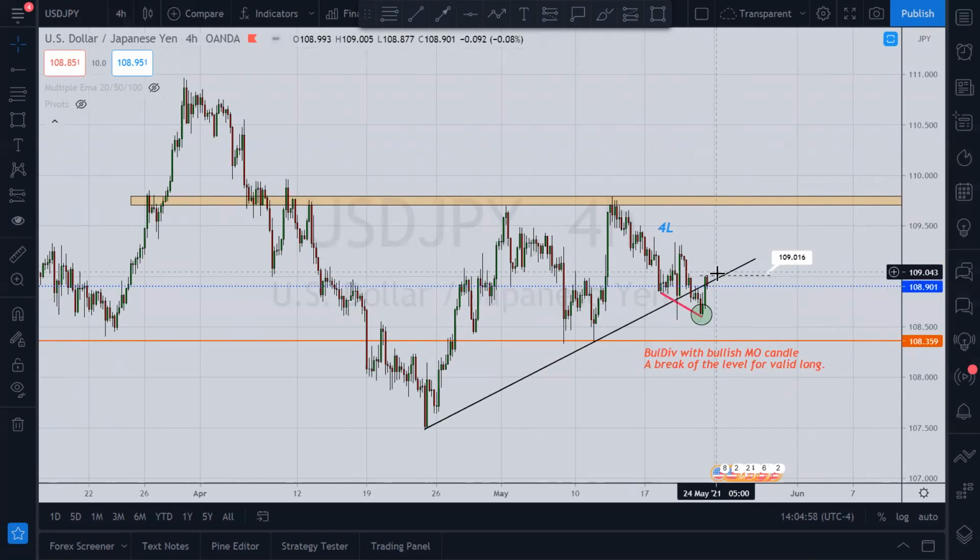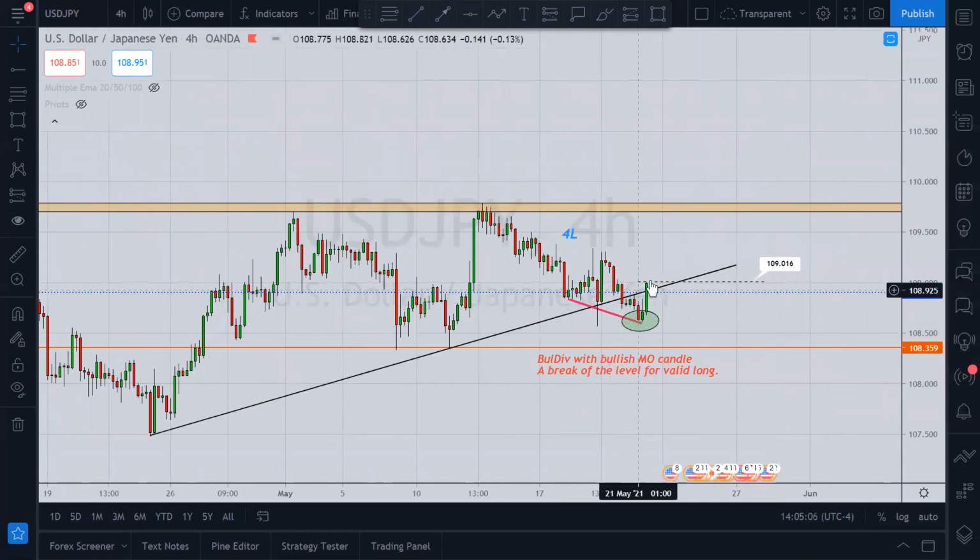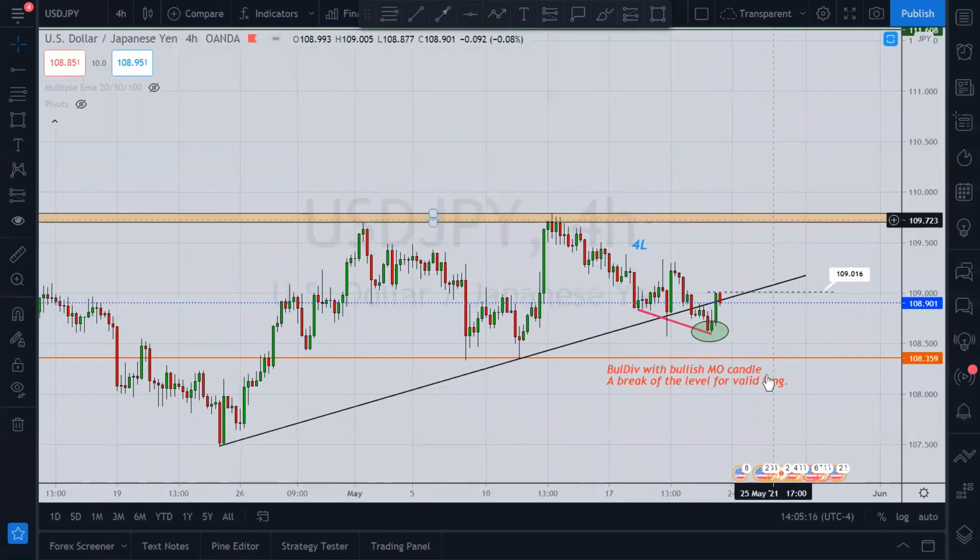And if you did wait until price comes back up here and breaks this resistance that was just created, where it breaks the high of this candle and the high of this one, this is going to be a very good trade.